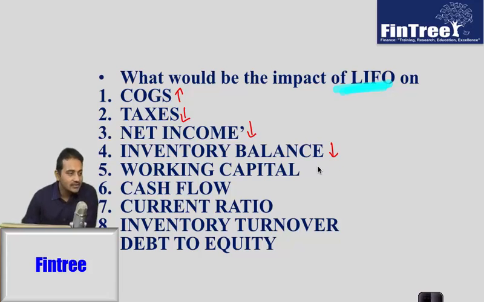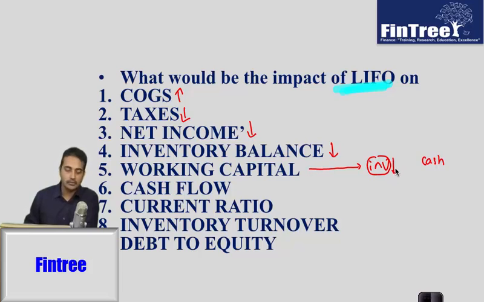In working capital, it is affecting which variables? Is it affecting inventory? Yes. Anything else? It is affecting cash. So when you are using LIFO, what will happen to inventory?